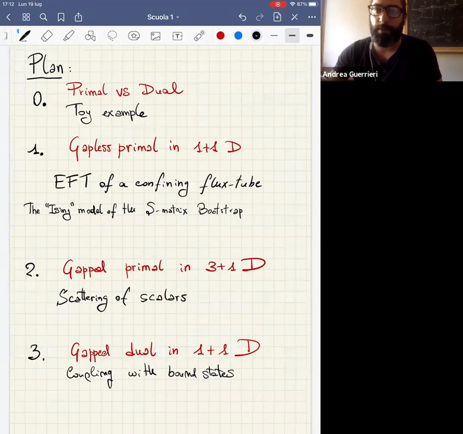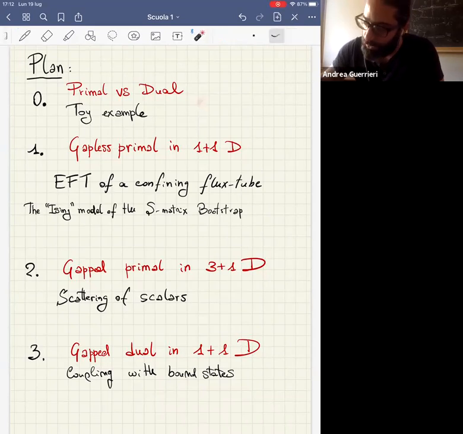It is a prototypical example for a generic S-matrix bootstrap problem. In today's lecture, I will focus on the primal bootstrap in 1+1 dimensions for gapless particles. We'll consider a particular physical problem, and I will illustrate the algorithm that we use to solve it.